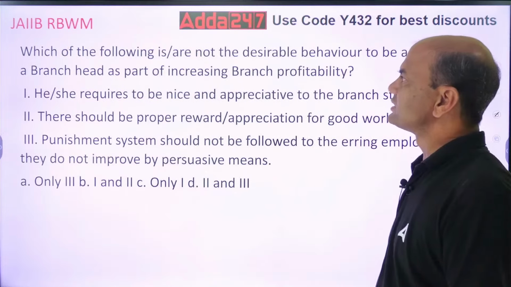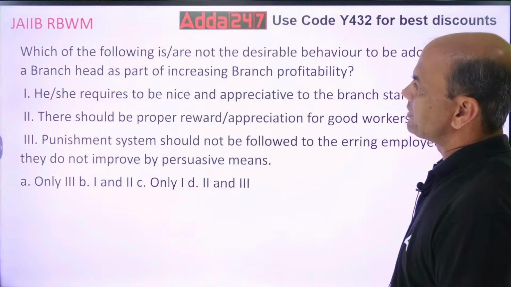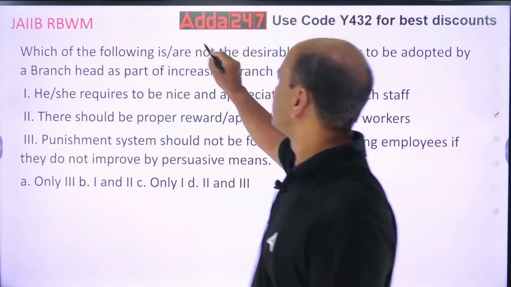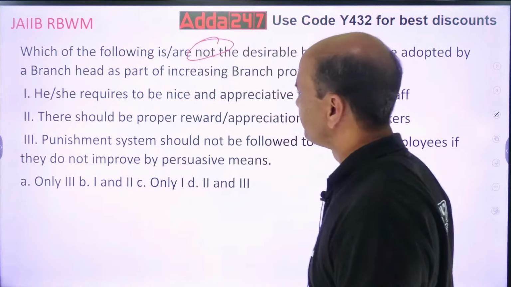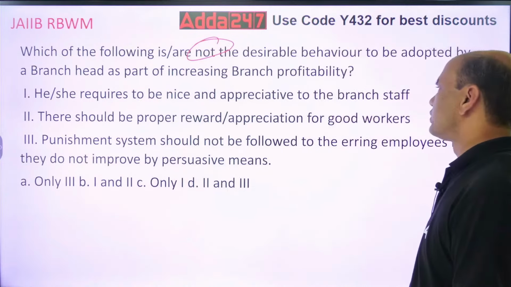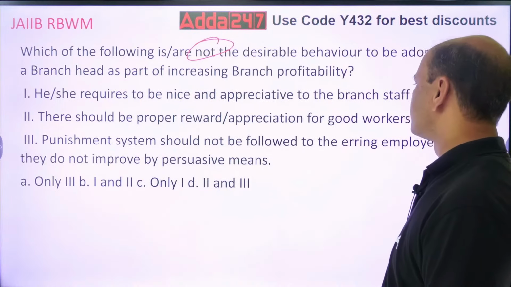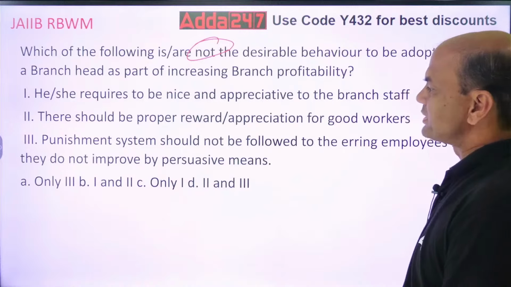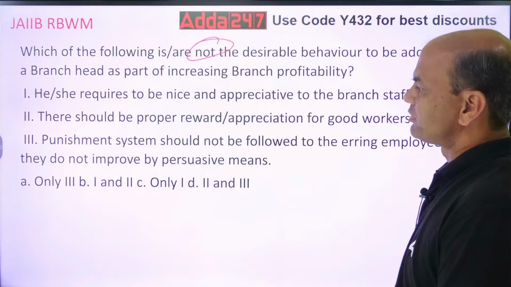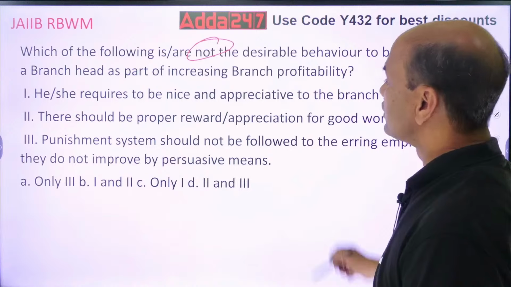Which of the following is or are not the desirable behavior to be adopted by a branch head as part of increasing branch profitability? Kindly note, the question is not desirable. So he or she is required to be nice and appreciative to all the branch staff. There should be proper reward and appreciation for the good workers.